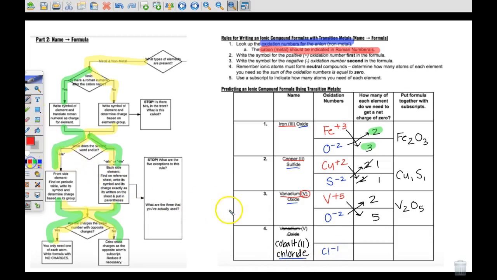Cobalt, which has a symbol of Co, has a Roman numeral 2 after it, so its charge is +2. Because these are not the same number with opposite charges, I'm going to have to crisscross the numbers. So the 1 comes up here, and the 2 gets dragged down. So because my cation, or my positive atom, always comes first, I'm going to put cobalt first in my formula with a 1, and then Cl2.